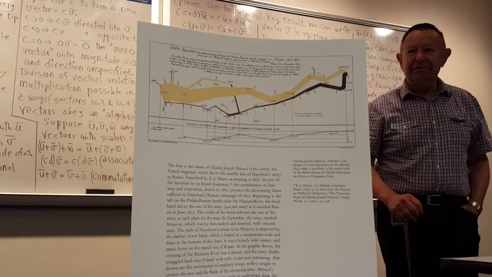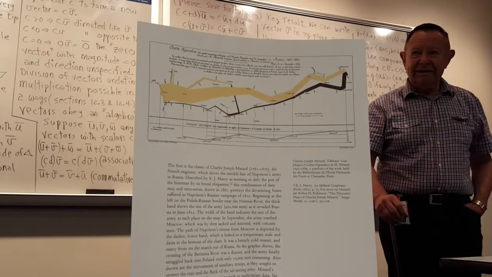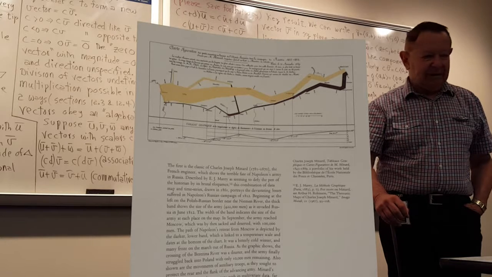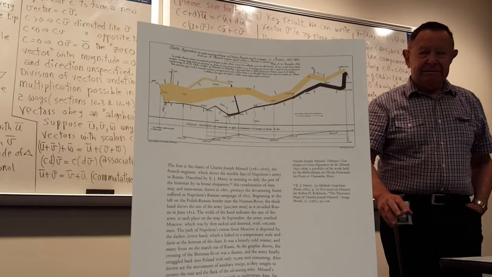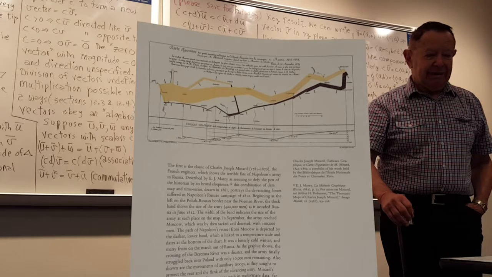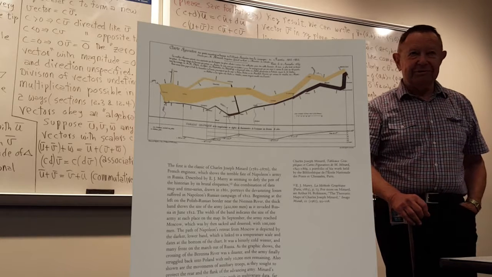For example, if you look in the Thomas book, there's a picture in the start, I guess. I don't think it's chapter 12 where we are. I think it's in chapter 16.